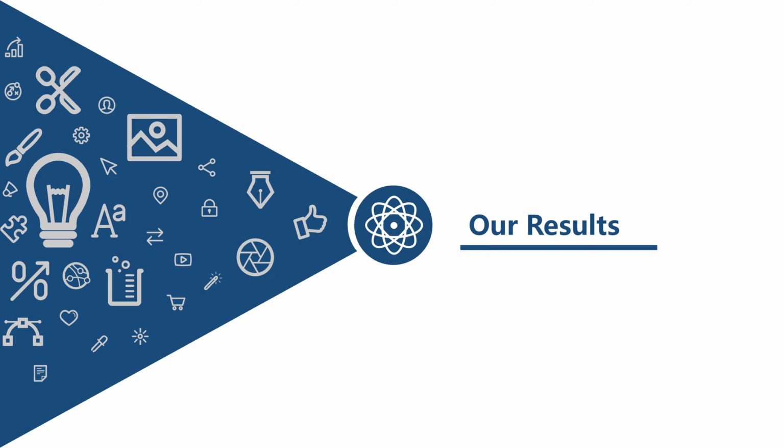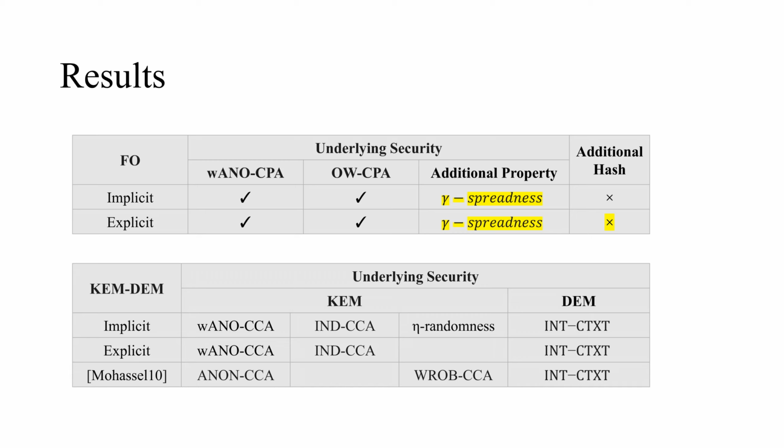Now let us see the results. We revisit the anonymity of KEMs obtained from OAEP encryption and the anonymity of hybrid encryption where the KEM-DEM paradigm involves implicit and explicit cases.